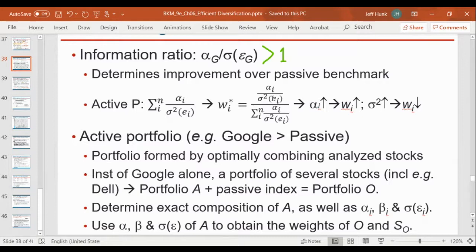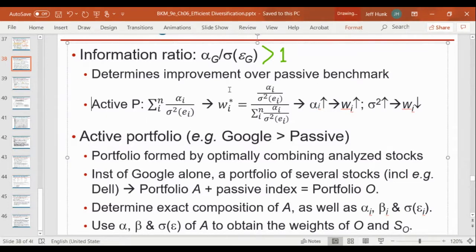If our active portfolio consists of like three actively analyzed stocks A, B, C, the weight of stock A in this active portfolio should be determined by the information ratio of stock A over the weighted sum of all the information ratios of stocks A, B, and C. That's what it means. The weight of the active portfolio is basically a weighted average, right?